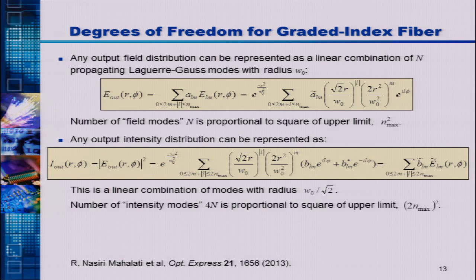The cutoff is twice n max, and the number of Gauss-Laguerre functions is 4 times n. We call those the field modes, and we call these the intensity modes. They're not modes of the fiber, but they're modes to describe the intensity pattern.